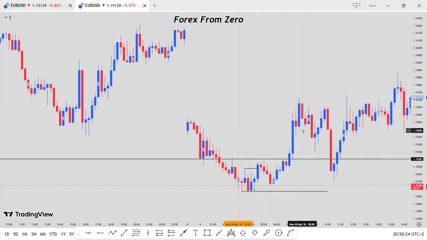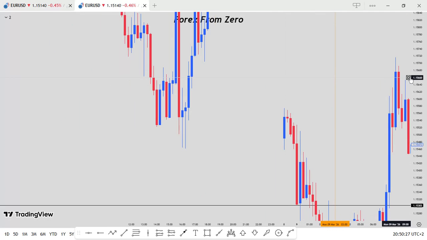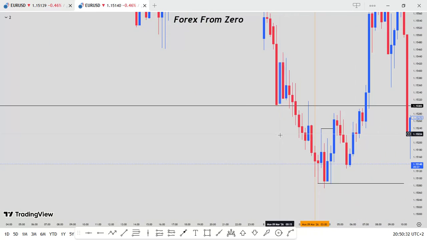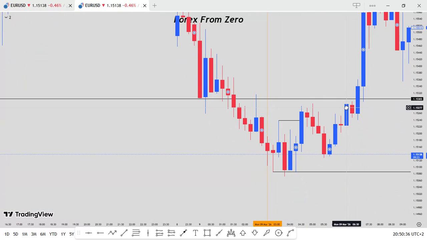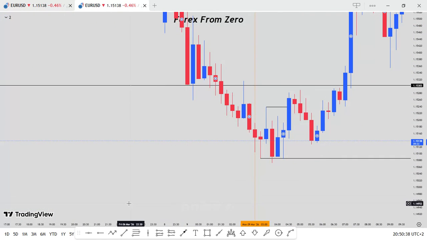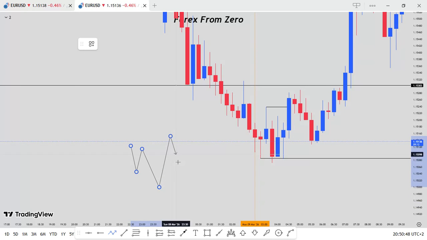Okay, so once we really see something like this in the market, there is a shift in market structure. Price is really moving down, then we see something like this. There is this sweep, and there is this again, then price will fail to really take out this low.